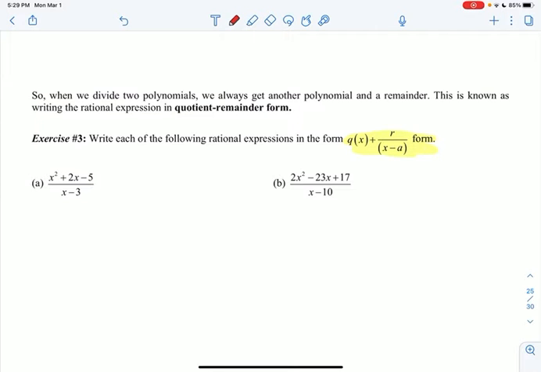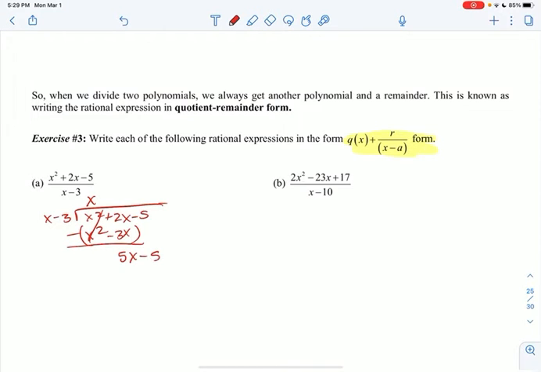So I have x minus 3 going into x squared plus 2x minus 5. So x goes into x squared, x times x is x squared, x times negative 3 is negative 3x. Subtract, 2x minus negative 3x is actually 5x.